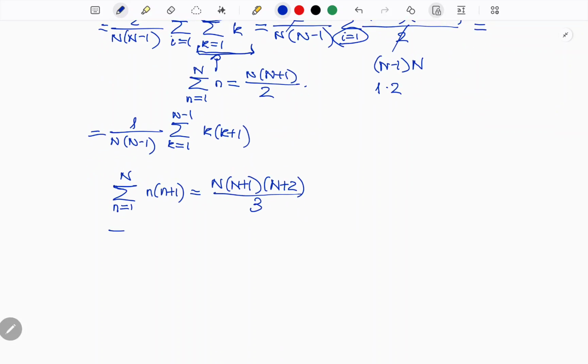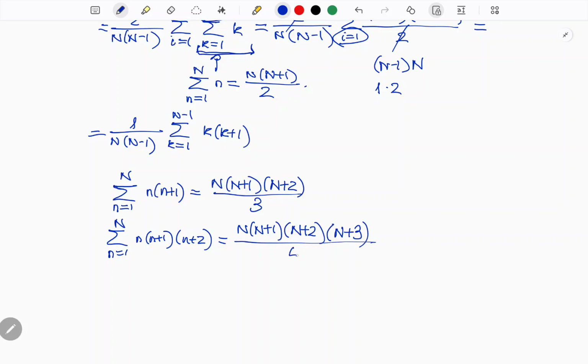And if you do the same with n times n plus 1 times n plus 2, this is going to be the same as n times n plus 1 times n plus 2 times n plus 3 divided by 4. Okay, so this is a general formula.